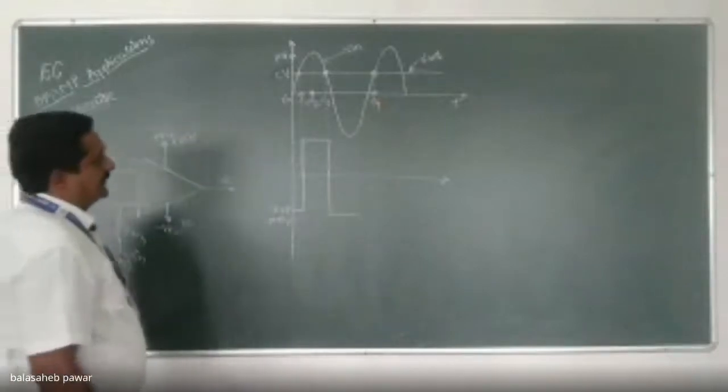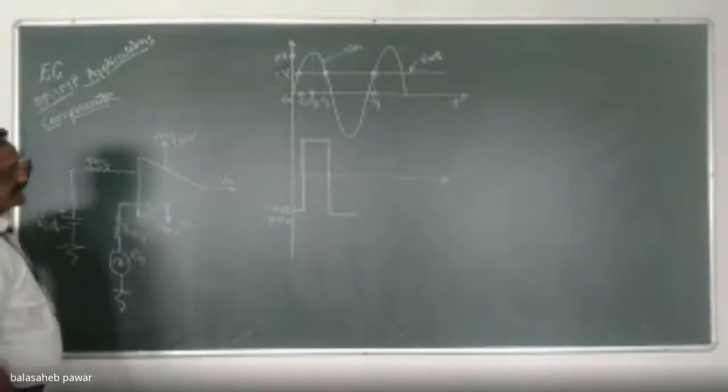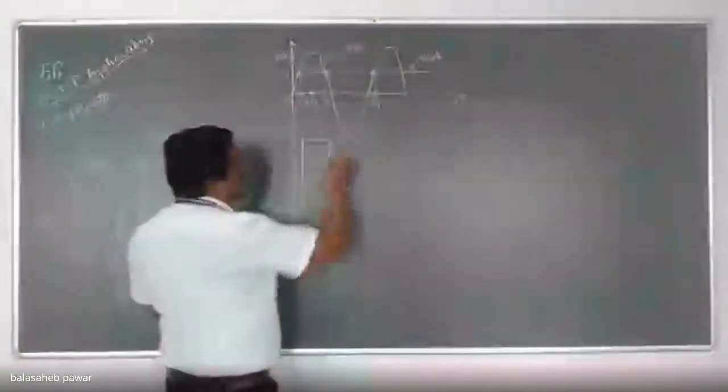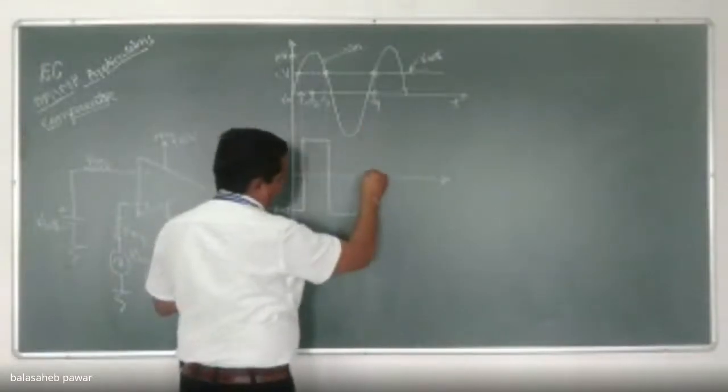At T4, again V in becomes equal to V reference. That's why the differential voltage will become 0, and therefore the output will become 0.